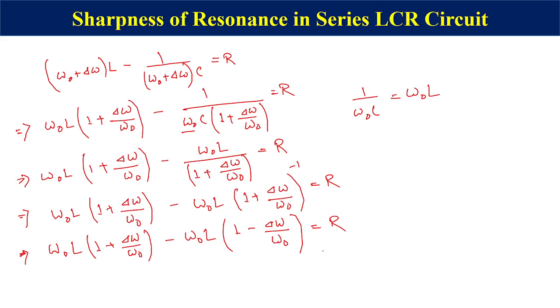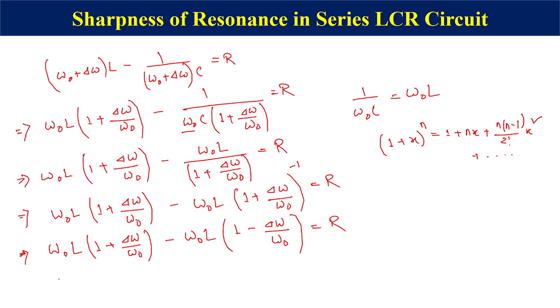So if you have any doubt, please revise the concepts of binomial expansion, which actually says 1 plus x to the power n can be expanded in the form 1 plus nx plus n into (n minus 1) divided by factorial 2 x square plus dot dot dot, cubic terms, quadratic terms, those things will be there. Alright.